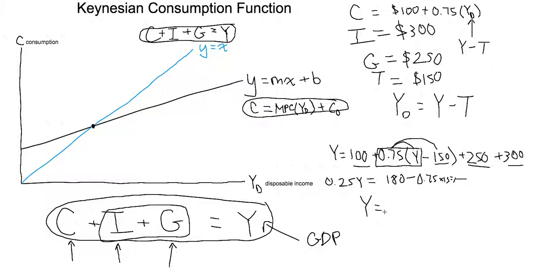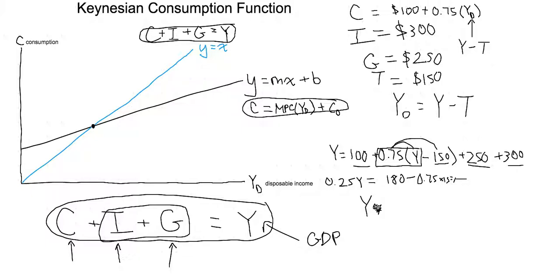Now what you want to do is influence the aggregate demand. Sorry, let me clarify. Y is going to be your real GDP, but it's not the natural real GDP. And the natural real GDP is what you're looking to get to in order to make the economy into long-run equilibrium.